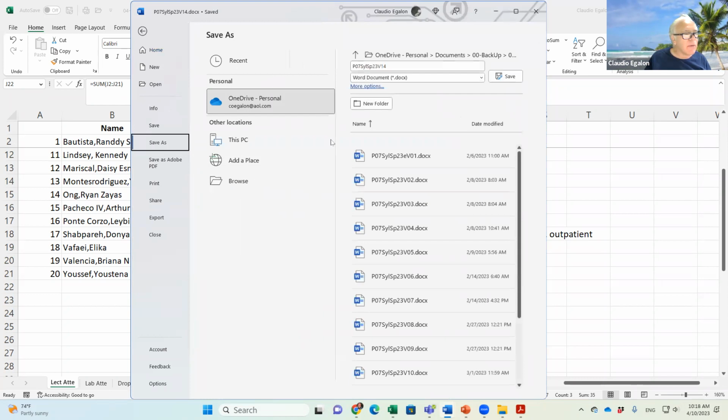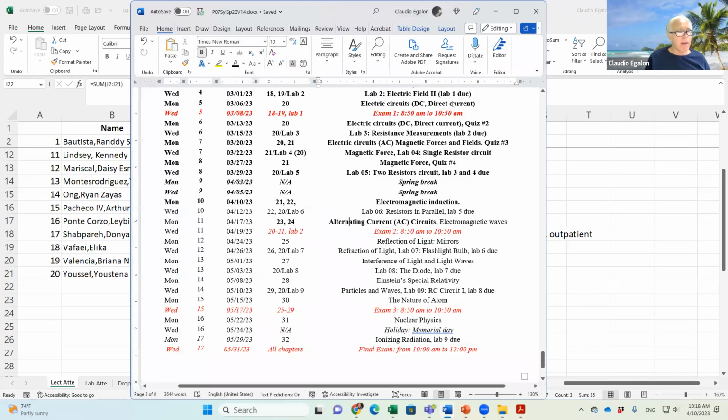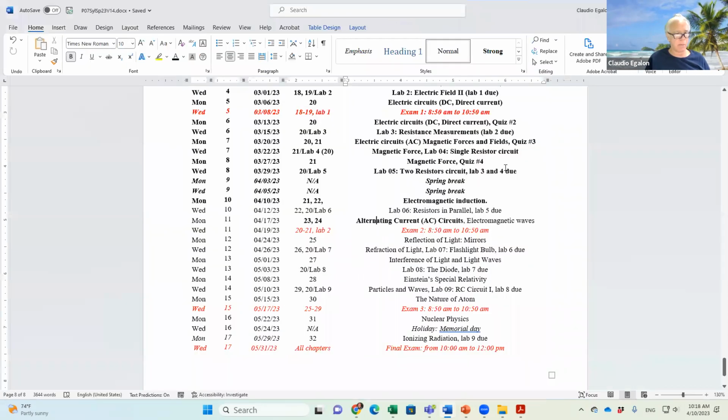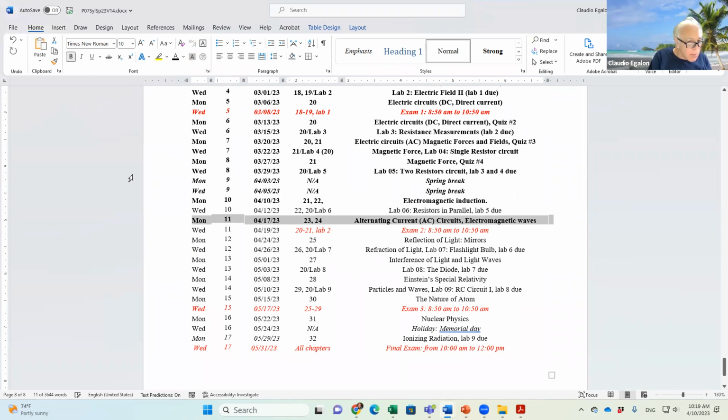I will save that as a PDF as well. Okay, so that we are set here. Because we're moving the lab to Wednesday, I would rather if you turn in lab 5, okay?